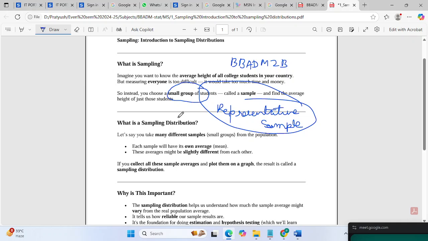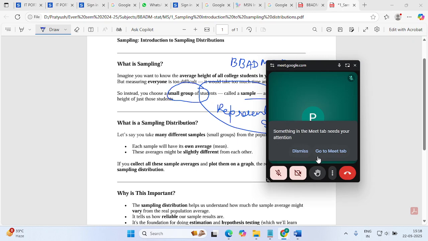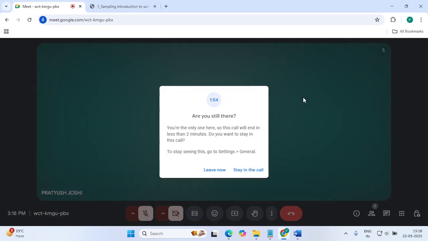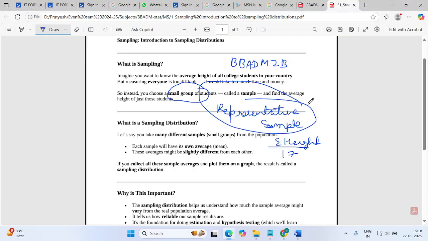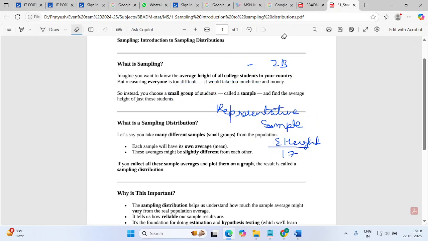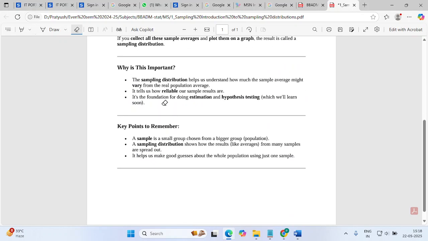We add the height of all 17 people and divide by 17, and we will get the average height. Therefore, by using sampling we actually reduce our task, and we can do it easily. Okay, so this is why we do sampling.